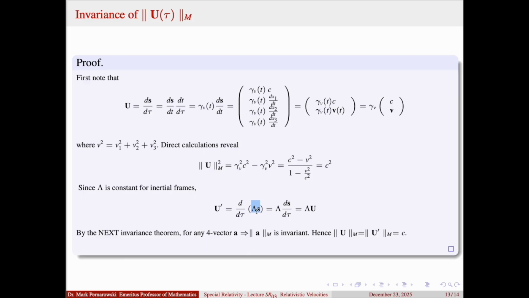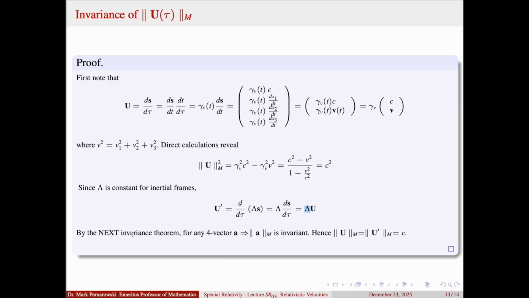Lambda, because the frames are inertial, is a constant matrix, so I can pull it out and I get the matrix times ds d tau, which is simply, by definition, the lambda matrix times the four velocity in k. So if I know the four velocity in k, I can compute it in k prime by just matrix multiplying by the Lorentz matrix.